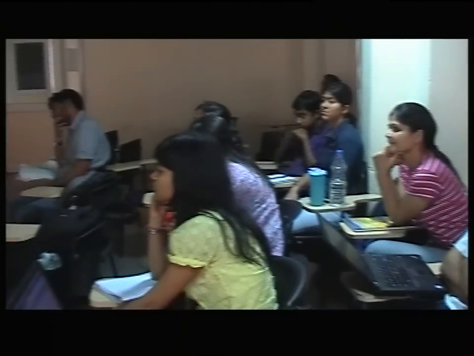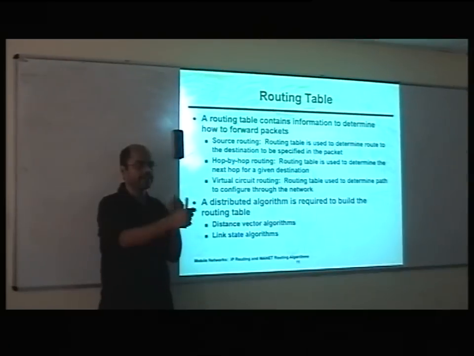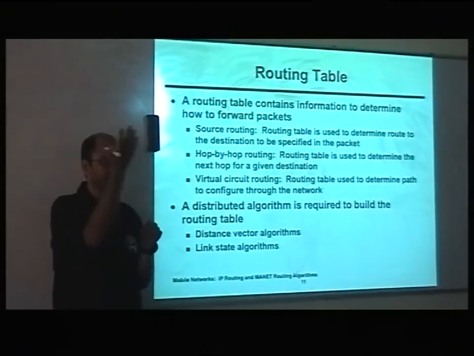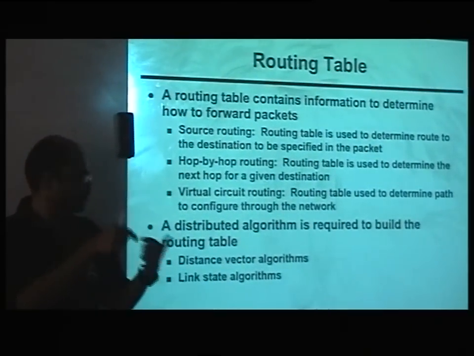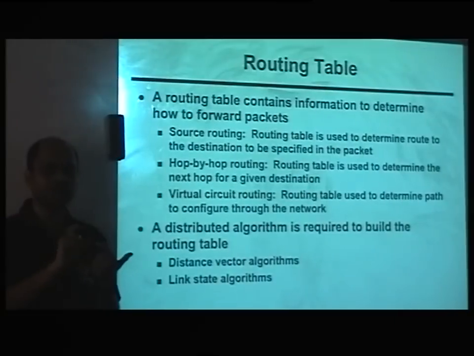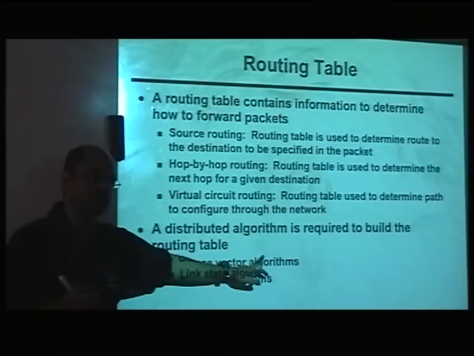In both the algorithms, if there is congestion, what will happen is, whenever congestion is detected on a link, what does that translate to in the algorithm? You change the weight of that link. Typically, you will make it higher. Right? So the cost of sending a packet over that is higher. And now that information about the change of the link cost has to propagate in the entire network. And it will happen in both the algorithms.